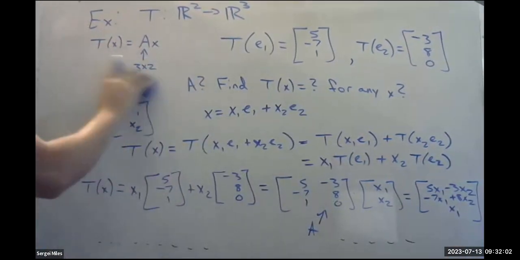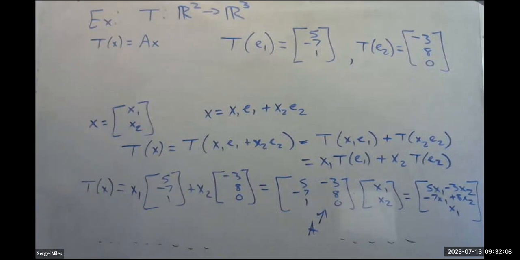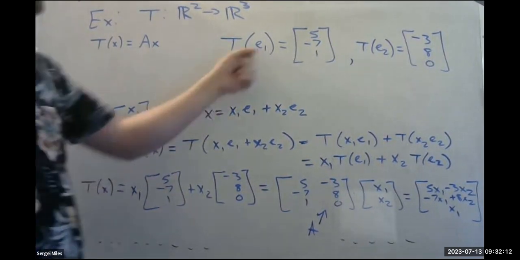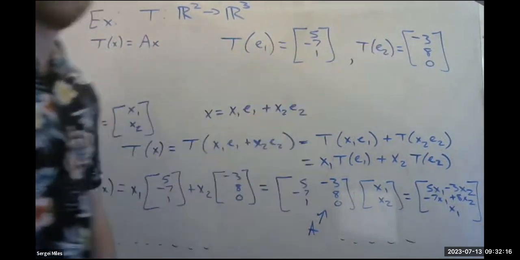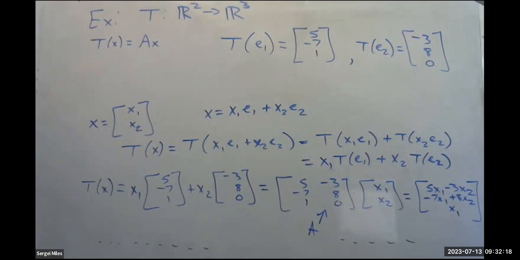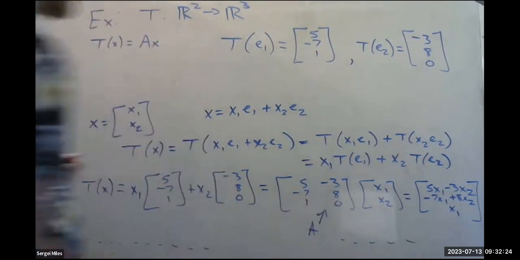Now, what's special here? What's the point of this example? What am I trying to highlight? Well, look what happened. For linear transformations, when you plug in your first identity column and your second identity column, that's going to be telling you exactly what your first column and second column of matrix A are.